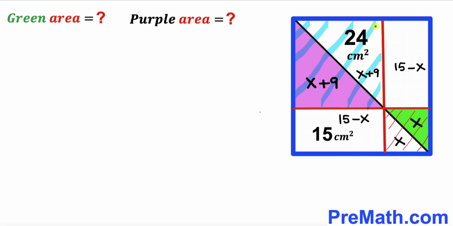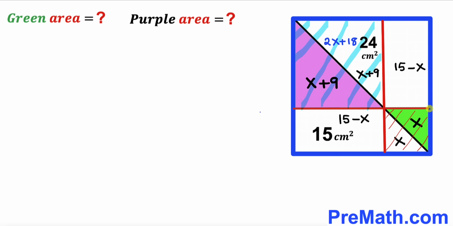So therefore the area of this whole square part is going to be x plus 9, and x plus 9, if we add them together, that is going to give us 2x plus 18.